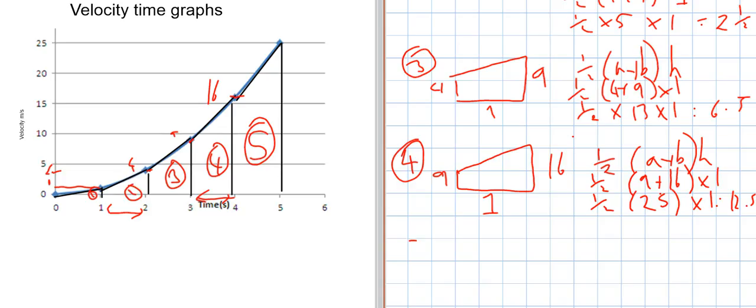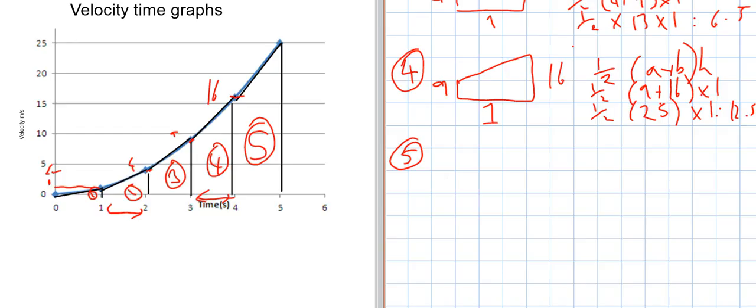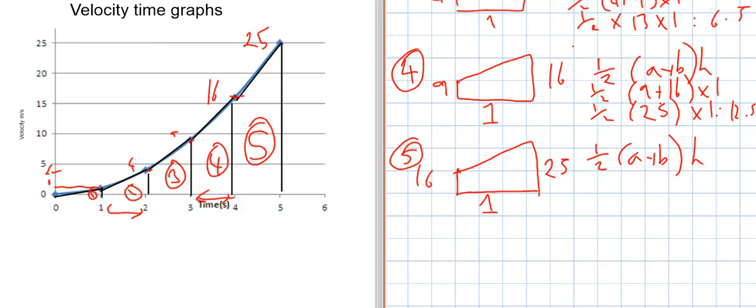And finally, section 5. It's got a height of 16 and a height of 25. So let's draw our little sketch again: 16, 25, and the difference between them is 1. So I'm going to do half times (a plus b) times the height between them.